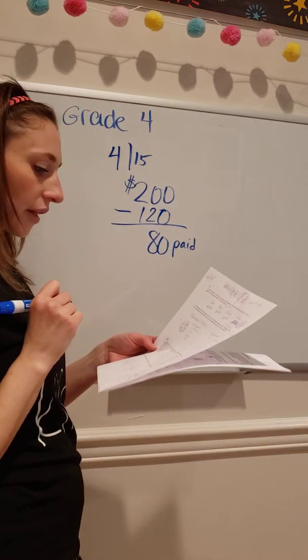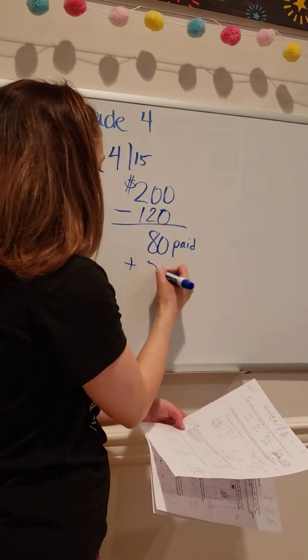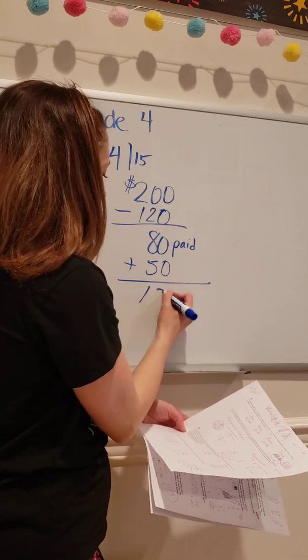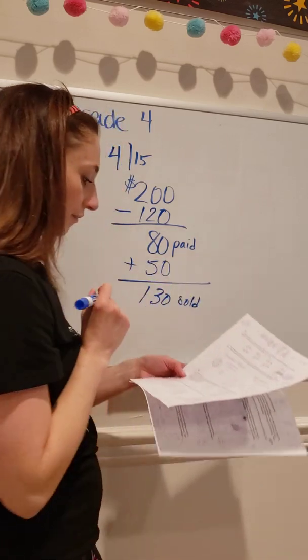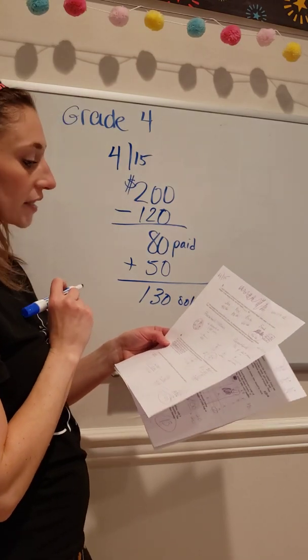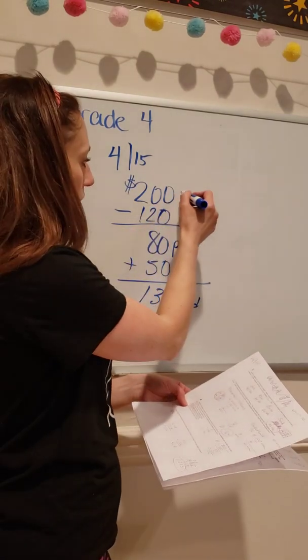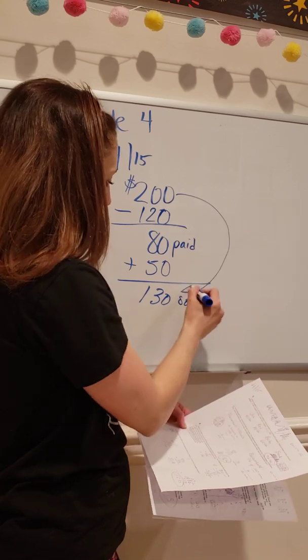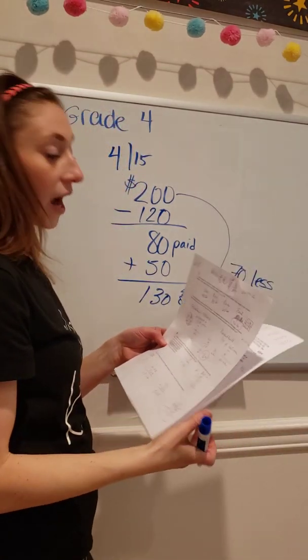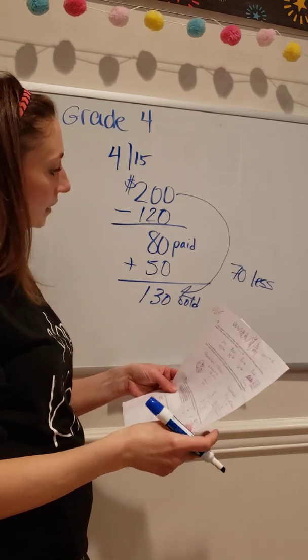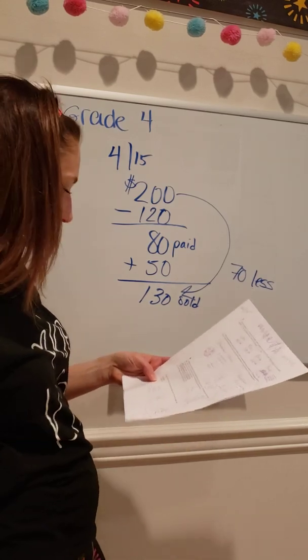Then it says the following year he sold the car for $50 more than he paid. So he would have made $130 when he sold it. So at what price point did Joshua sell his car? Well, if the sticker price was $200 and he sold it for $130, that's $70 less. Or option C, $70 less.